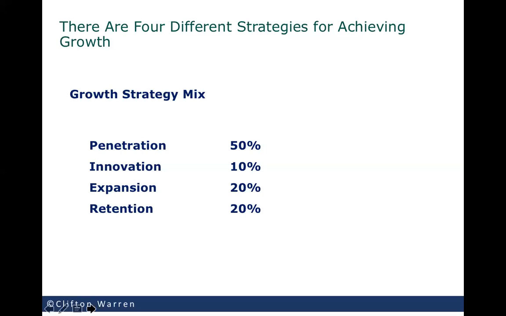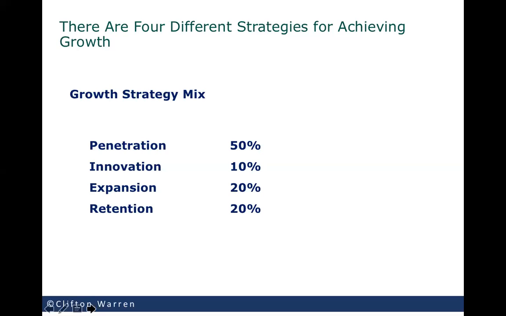The expansion refers to expanding your current footprint, building up a new niche market, expanding your presence into related markets. And retention refers to retaining your most desirable clients, the ones you cannot afford to lose. So that's usually going to be your top 5% of clients.